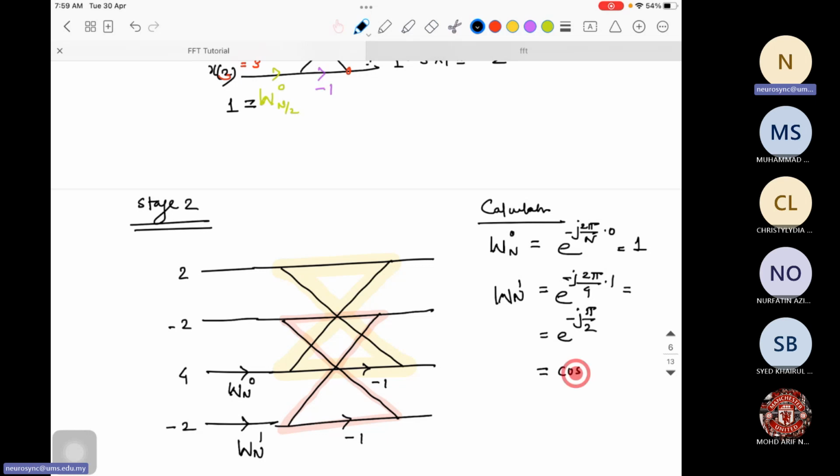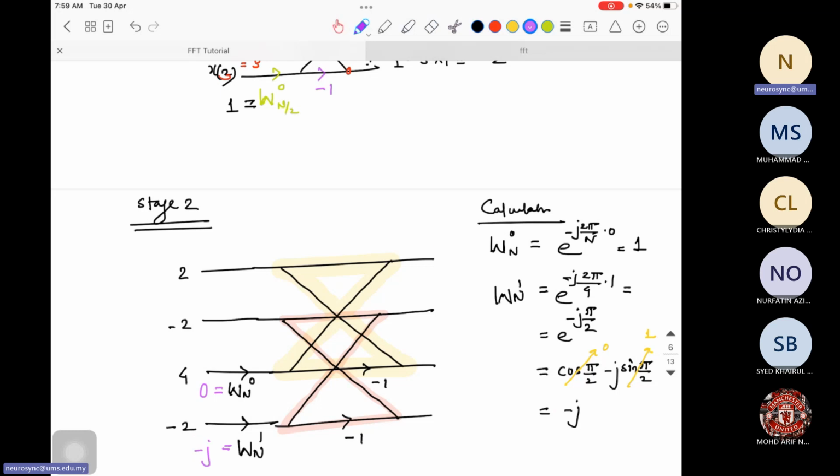This is cos of pi by 2 minus j times sine of pi by 2. What is cos pi by 2? It is 0, and sine is 1. So this is basically minus j. You forgot j here, right? So Wn0 is 1 and Wn1 is minus j.